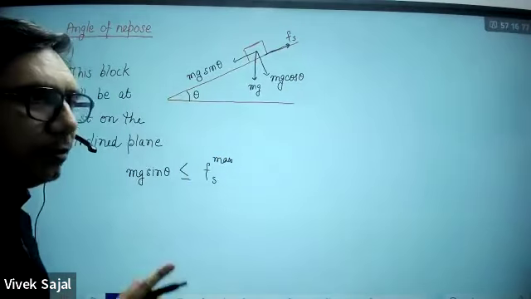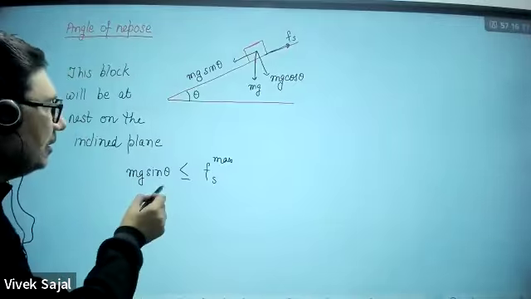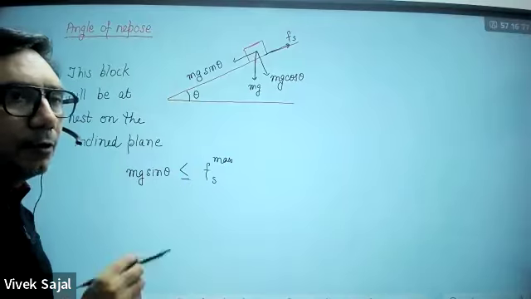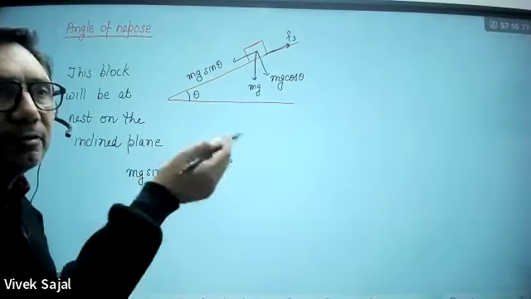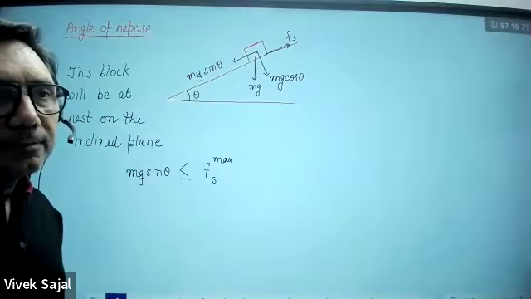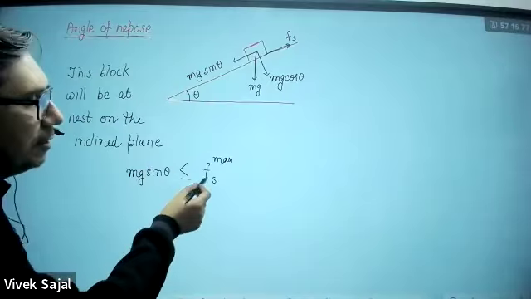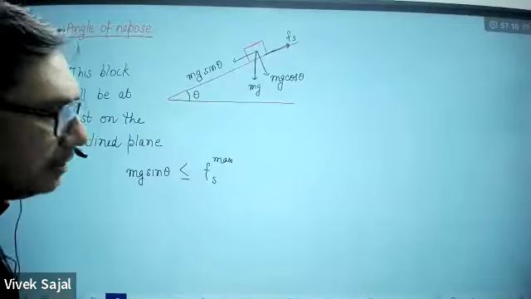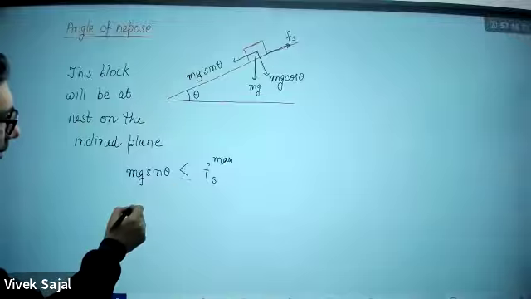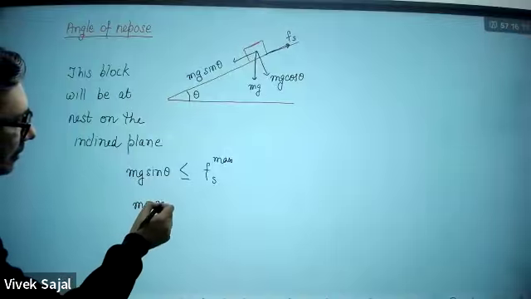So this block will not start moving unless this mg sin theta is greater than Fs max. Only if mg sin theta is greater than Fs max will it start moving. Okay? The block will start moving when mg sin theta becomes greater than the limiting friction, this Fs max.